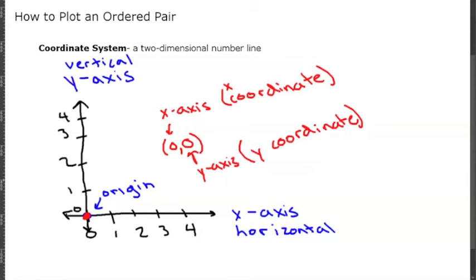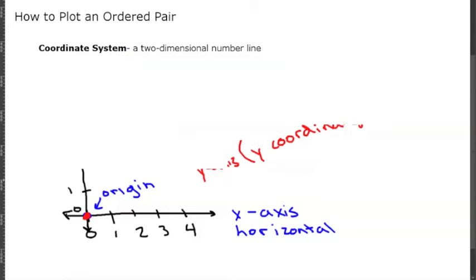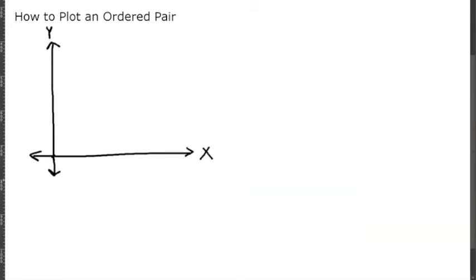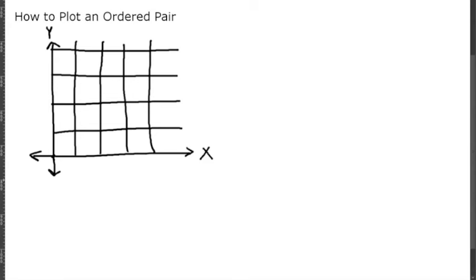So let's move on and practice plotting an ordered pair. Here's our x and y axis, and we're going to put a grid on it to make it a little bit easier for you to see, and we'll go ahead and label the intervals.